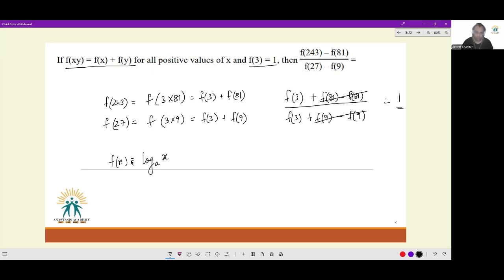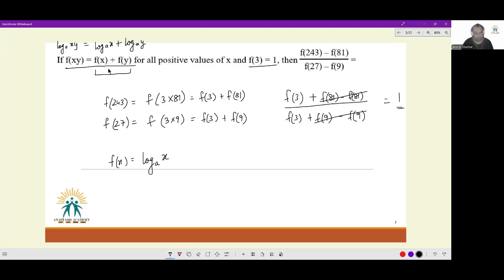Why this is useful is, see, if f(x) is this, see what would happen on the right hand side. We would have log_a x plus log_a y. On the left hand side we get log_a xy. Yes, this relation holds. Log a plus log b is equal to log ab.